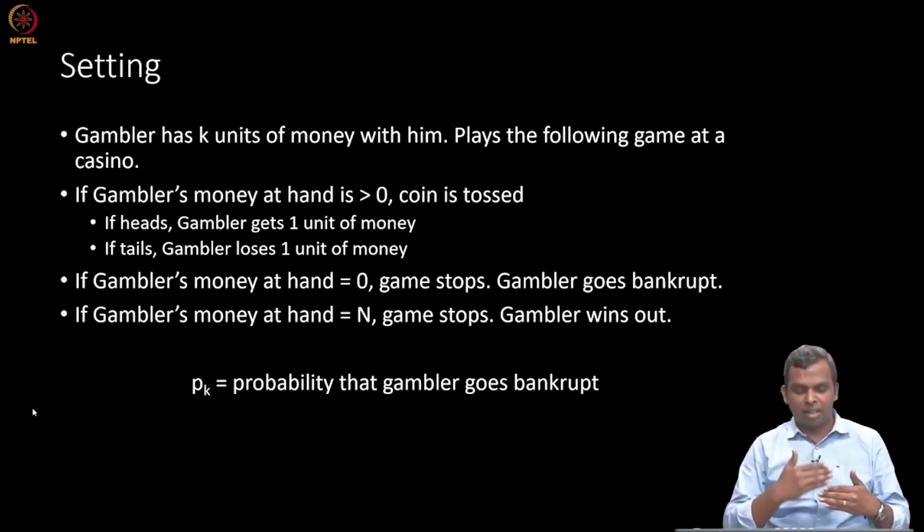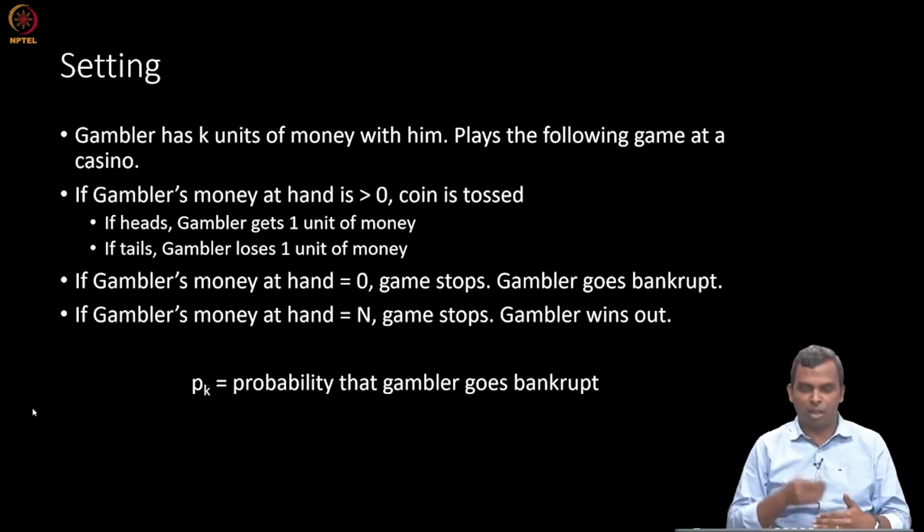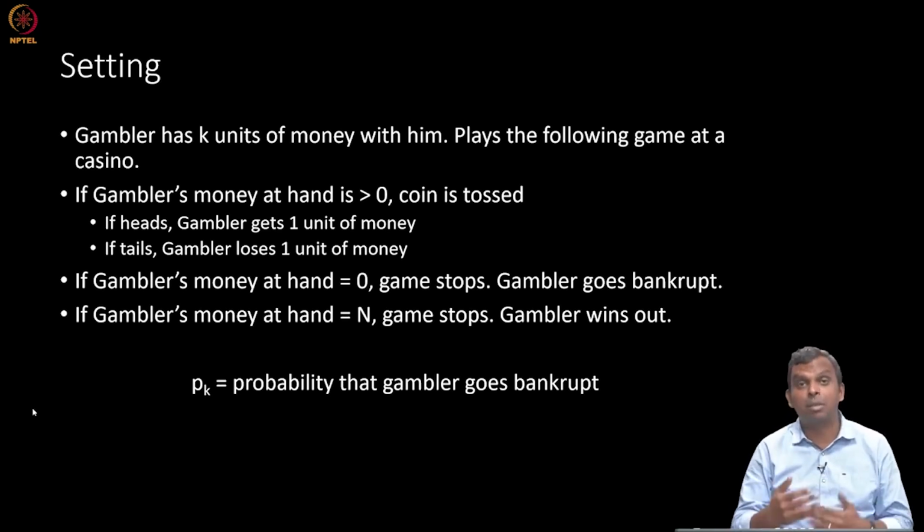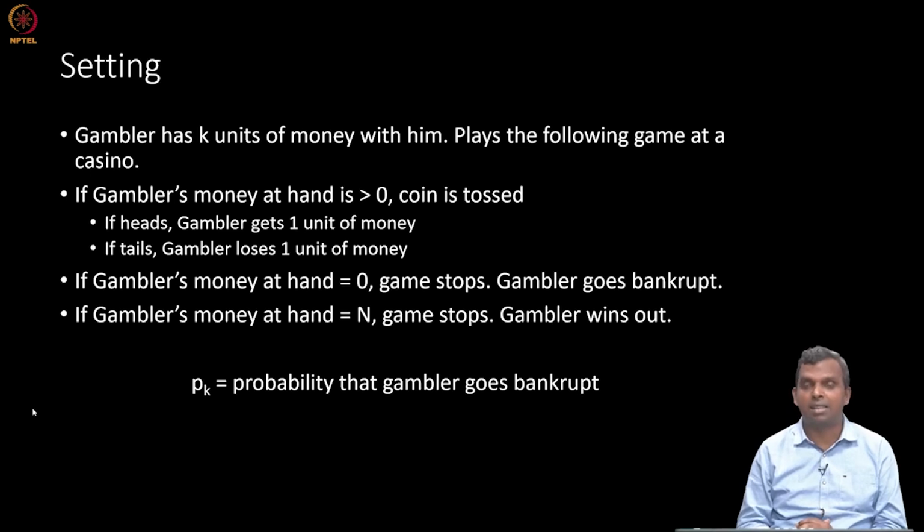After one play of the game, one toss of the coin, you see that the subsequent step is very similar to the previous one, except for this amount of money that has changed. So you can exploit this and solve this problem using a nice recursive equation type definition. Let's see that in the next slide.